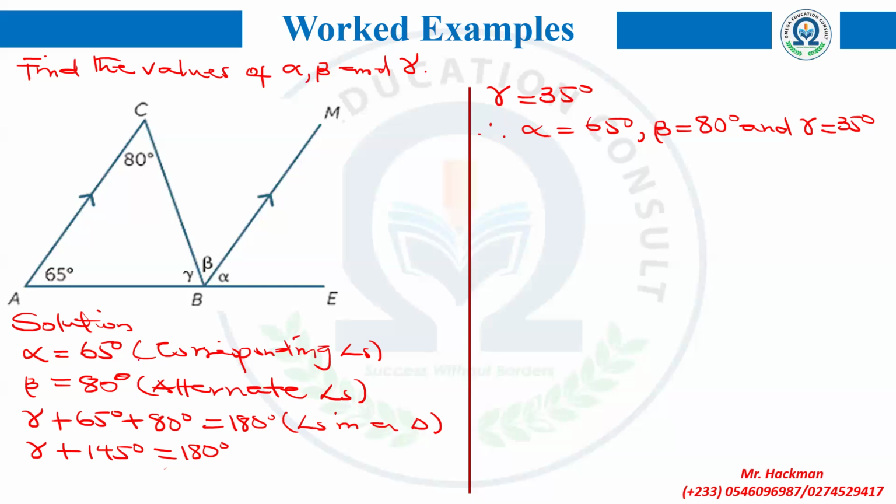So with this one, you can see, because you have parallel lines, this line is parallel to this, and this becomes a transversal. And once this is a transversal, this angle here and this angle here will be corresponding angles. Do you agree? Are they going to be corresponding angles?